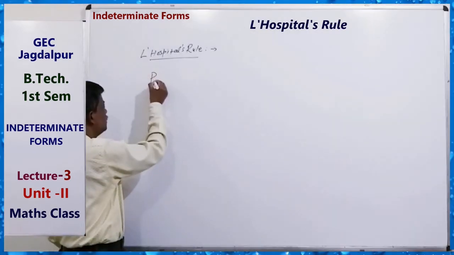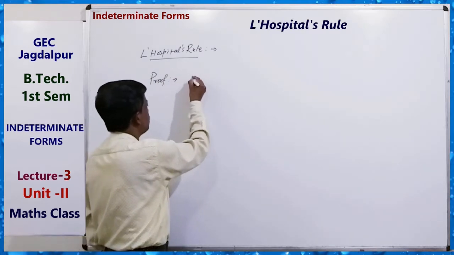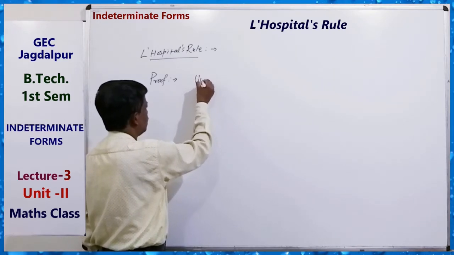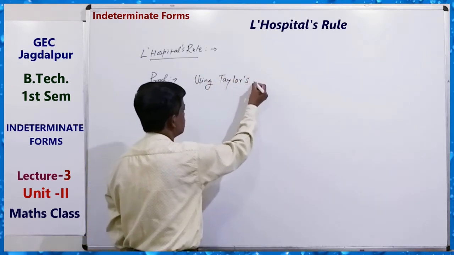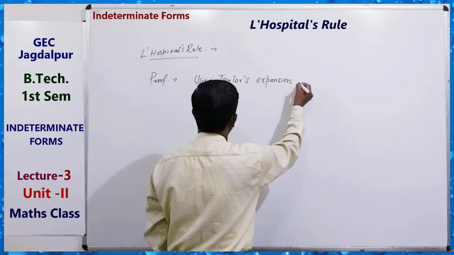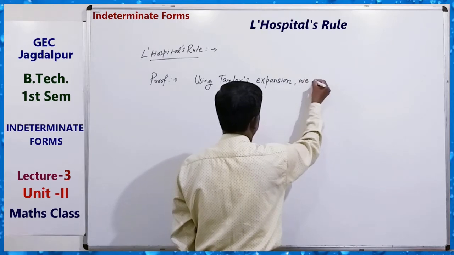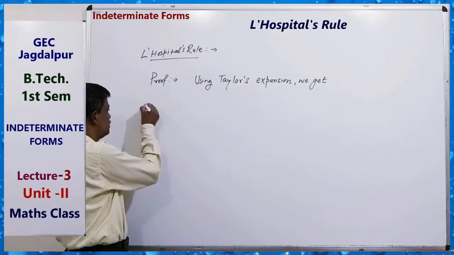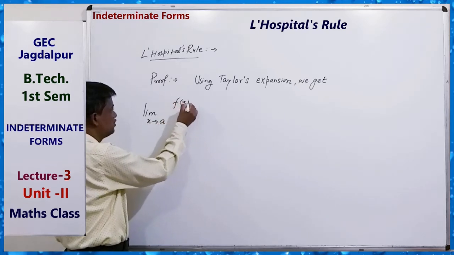Here, using Taylor's expansion, we get the limit as x tends to a of f x upon g x.